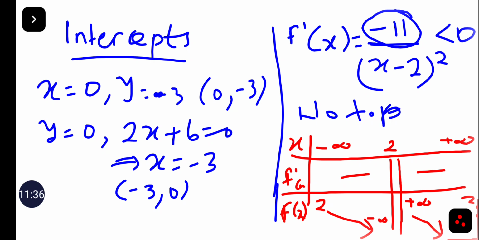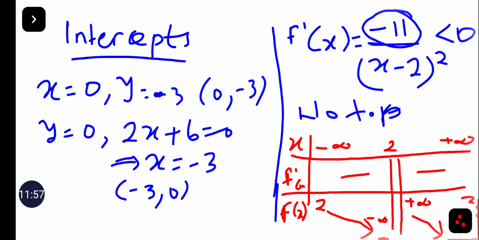This table of variation is already showing us how the curve will behave. When f of x is equal to 2, that's y equal to 2, it slopes down. When you see negative infinity here, it means it goes to the negative, just before this 2.